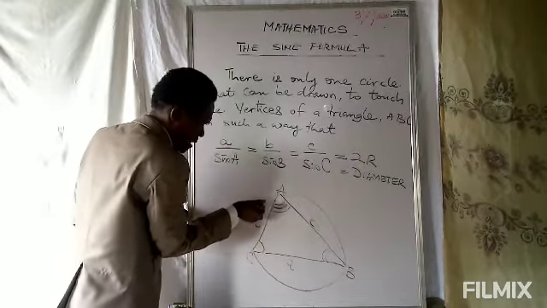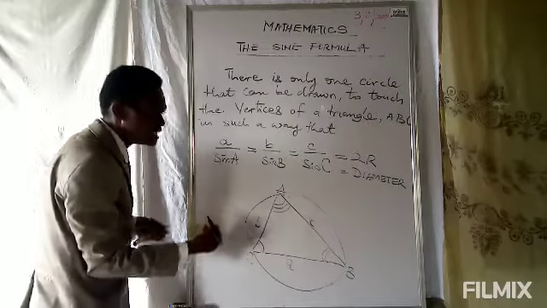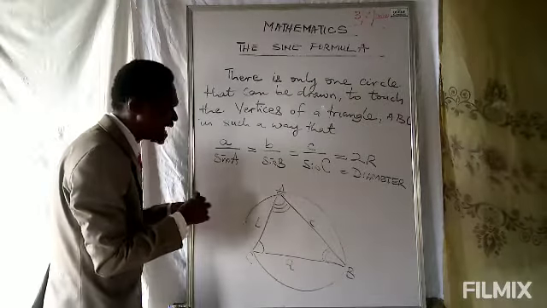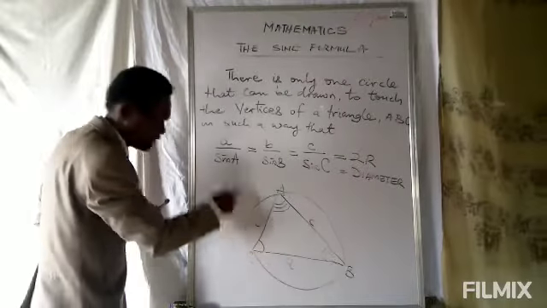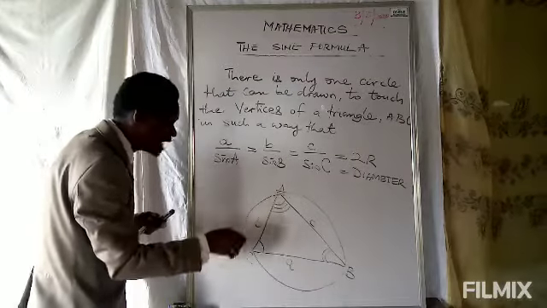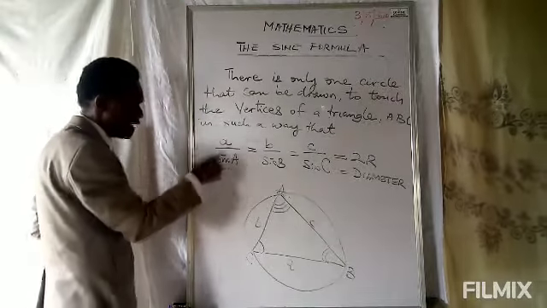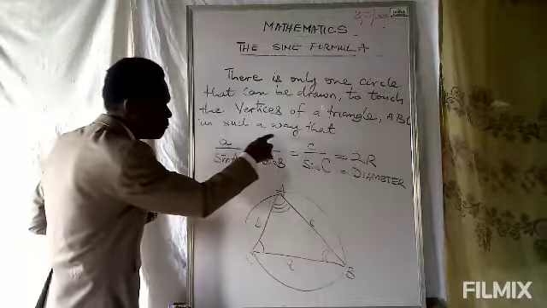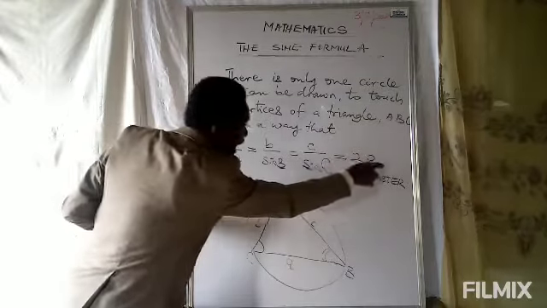This one is a circle. There is only one circle that can be drawn to touch all the vertices of a triangle in such a way that small a over sine A is equal to small b over sine B is equal to small c over sine C equal to 2r.